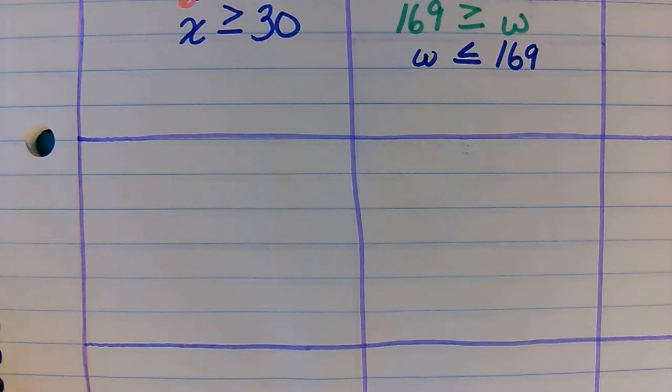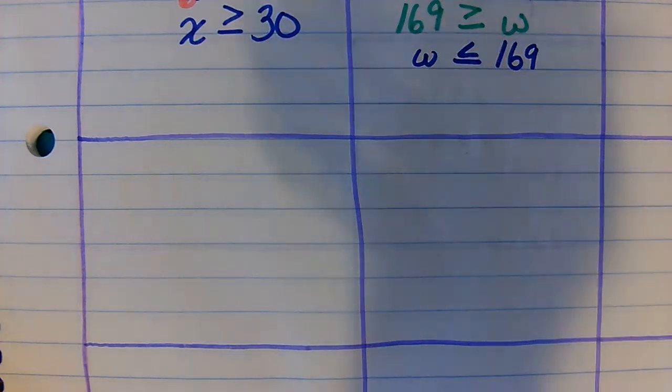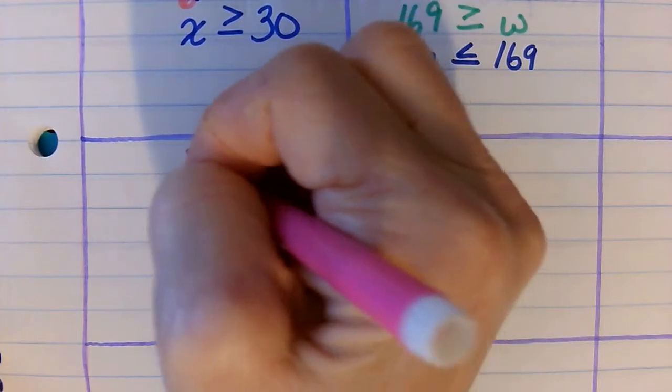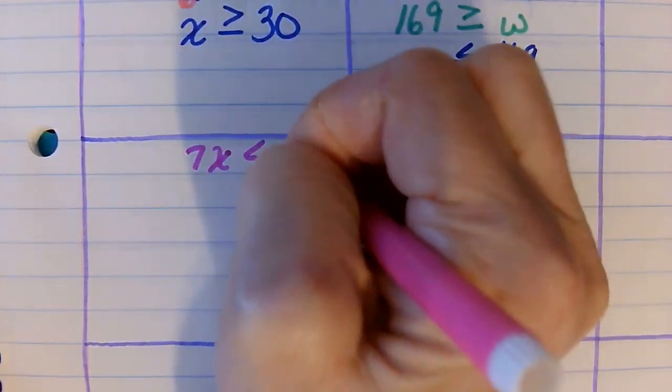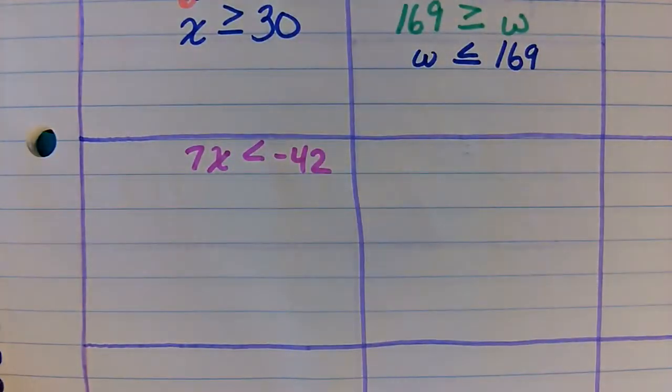Next one, let's go with 7x less than negative 42. Okay? Now you notice I start throwing in integers there. No longer are we just dealing with positive numbers. So far though, the steps we're using are all the same.